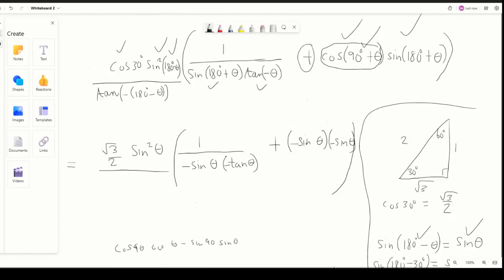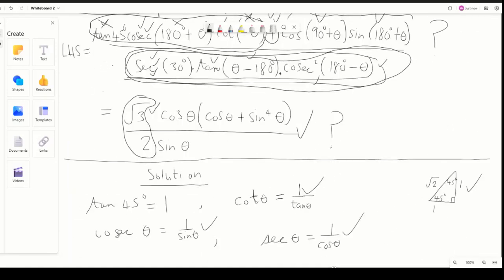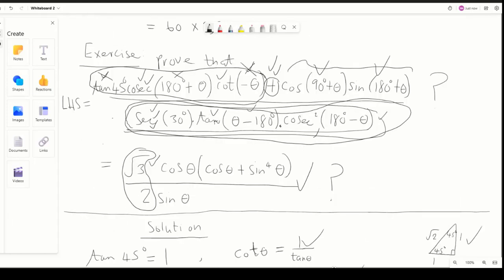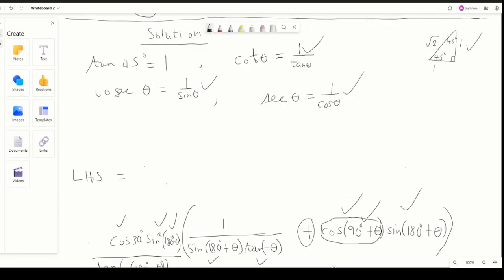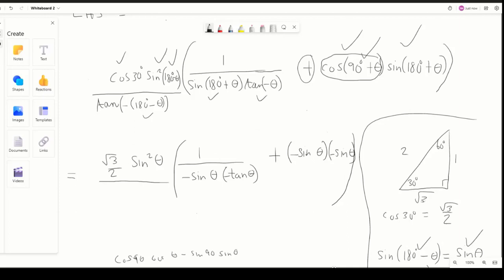I've just written this in another form. Let's look at the original problem, and I rewrote it like this. That's all. Okay, same thing.